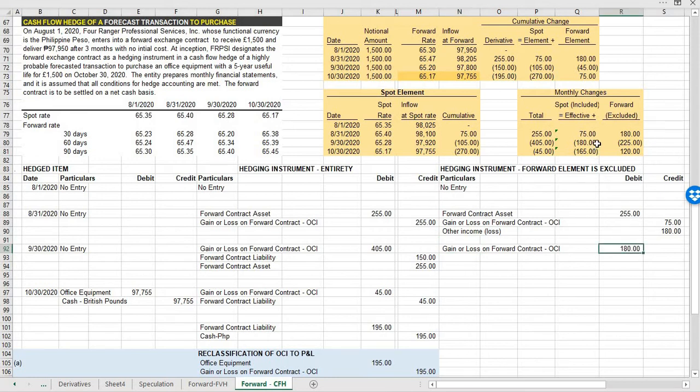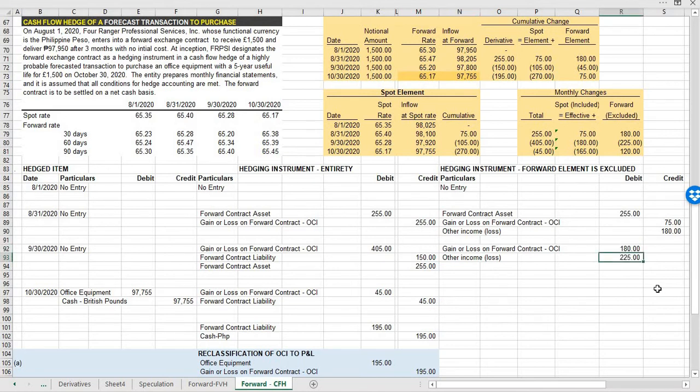Again, only the amount allocated to the spot element is recorded in the cash flow reserve OCI. So 180 loss. Then for the 225, since this is related to the forward element that is excluded in the hedging instrument, ito ay sa P&L. Applying option 1, syempre. So kaya debit tayo ng other income or loss na 225.